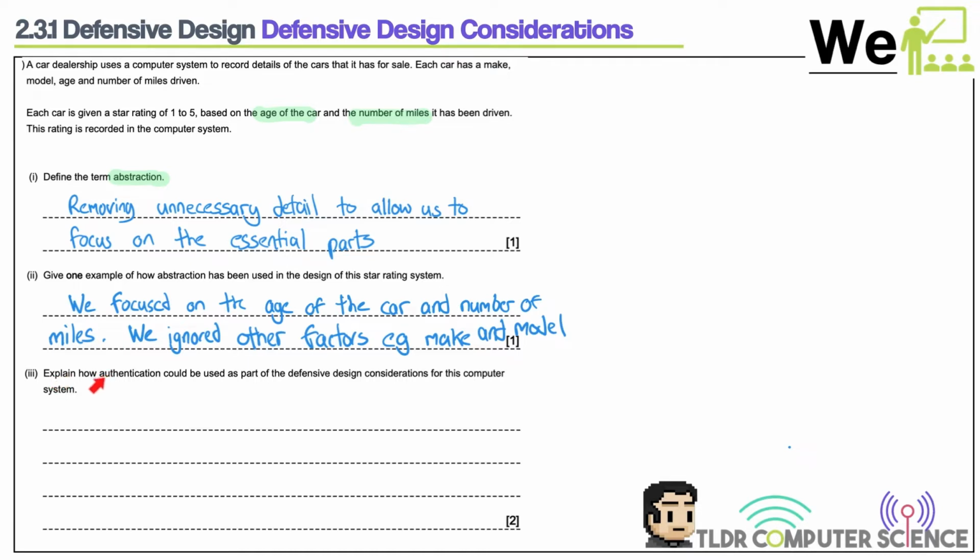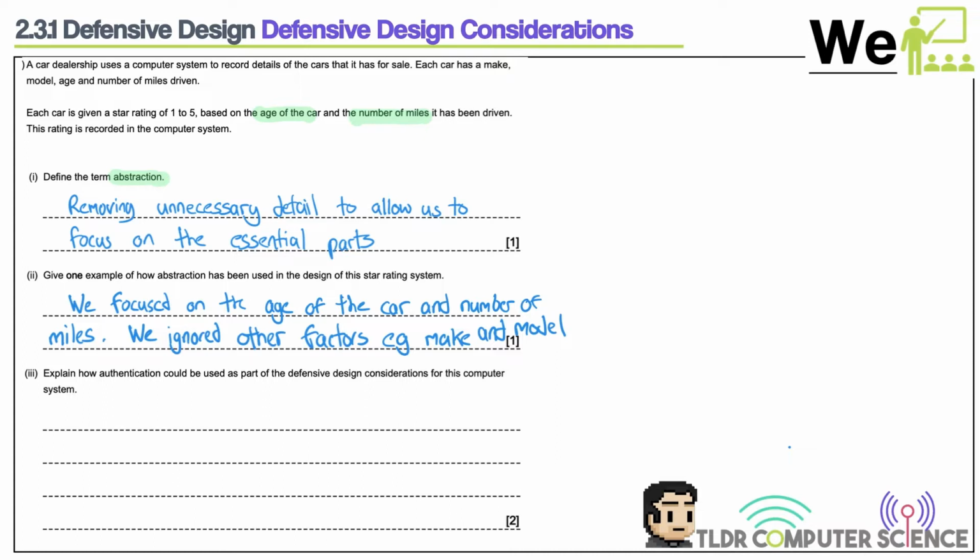Explain how authentication could be used as part of the defensive design considerations for this computer system. Now, if you remember, authentication, one of the areas of operating systems, but essentially we're talking about where you're proving you are who you say you are. So that could be via username and passwords, could be via biometrics, could be a bunch of different systems.